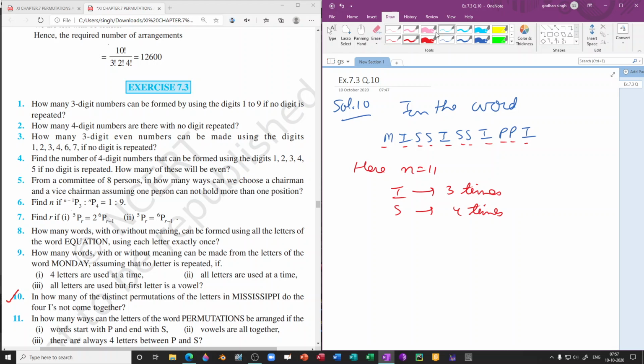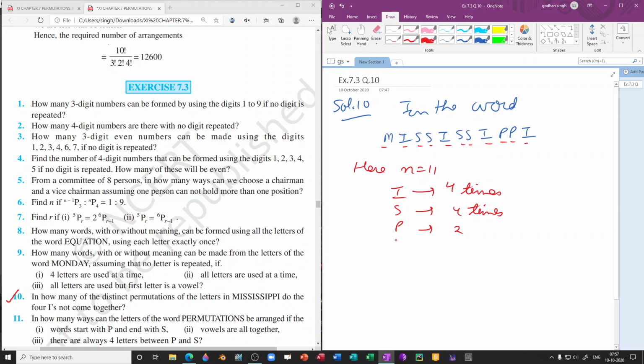I is coming actually 4 times, so let's do the correction here. I is coming 4 times. Then P is coming 2 times. So if we add them, we get 4 plus 4, 8, 8 plus 2, 10, and one letter, M, is coming only one time, so that is 11.